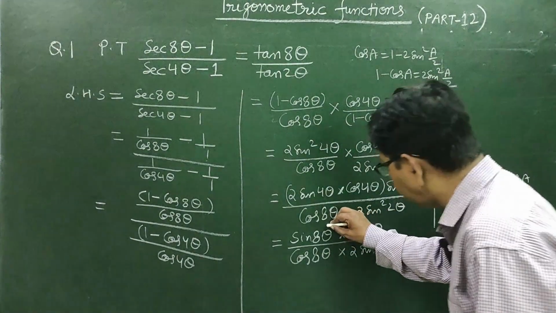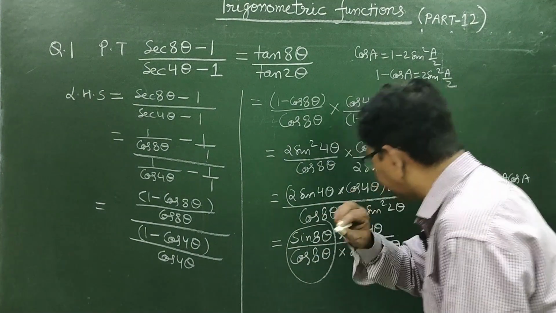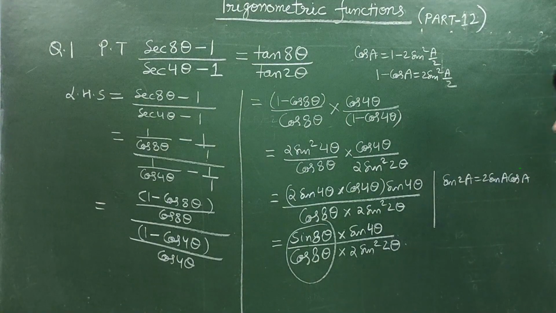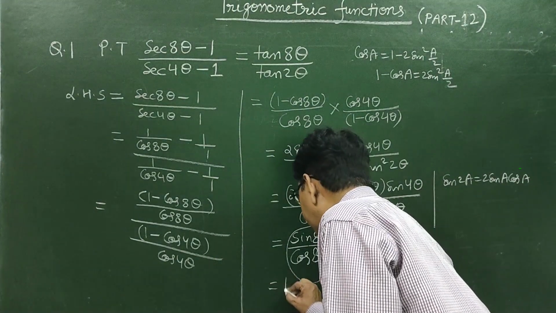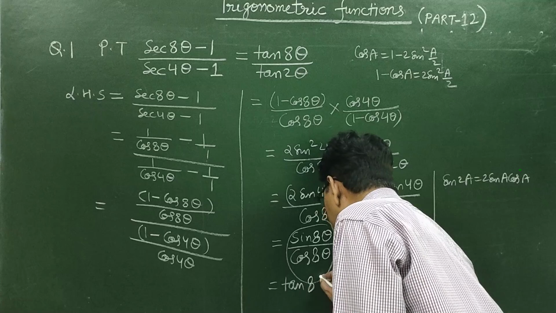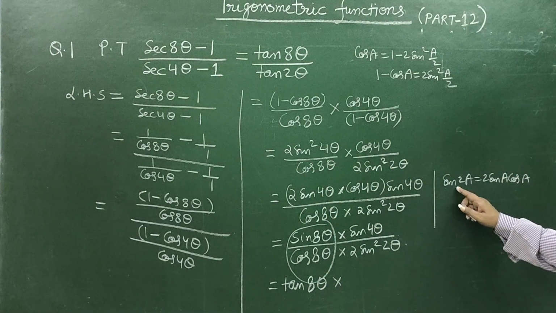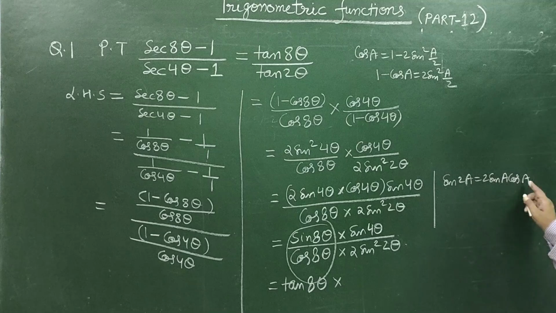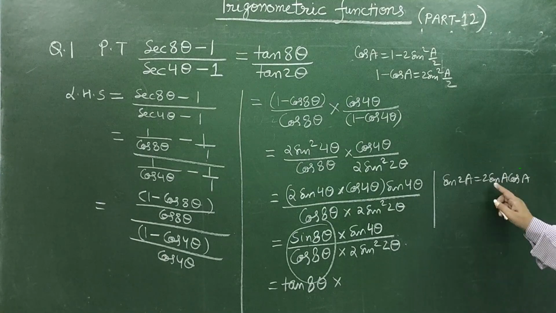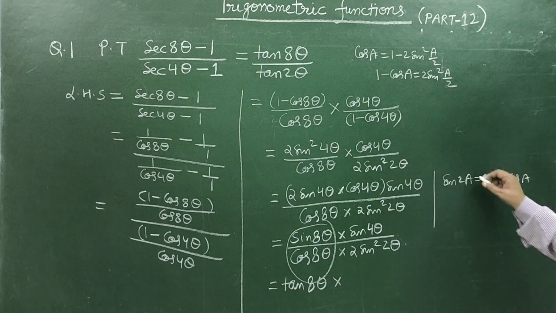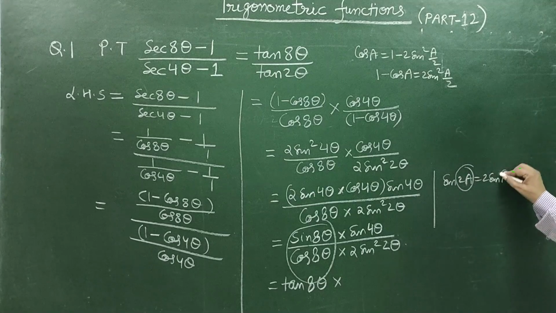Now sine upon cos. This sine upon cos is equal to tan. So this is equal to tan 8θ into this sin 4θ. Again using the formula sin 2A is equal to 2 sin A cos A, or sin A is equal to 2 sin A by 2 cos A by 2. We have the half of this angle here.